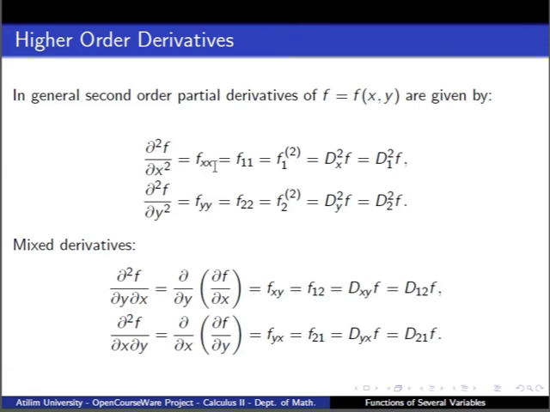It is shown by f sub xx, f11, f12, where the superscript is in parentheses, and those are the notations. But if we differentiate f first with respect to x and then the result is differentiated with respect to y, assuming that it exists, or in the reversed order in the last line, we say that those are called the mixed derivatives of f with respect to the variables x and y.